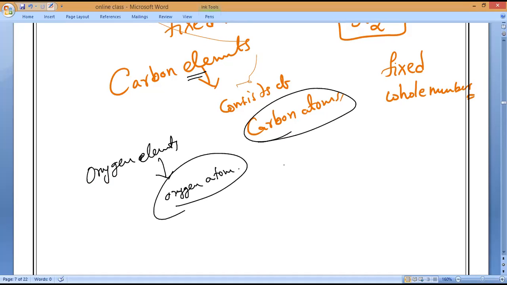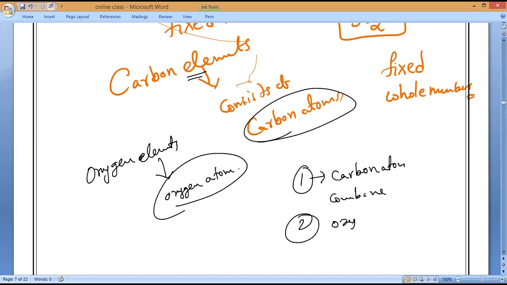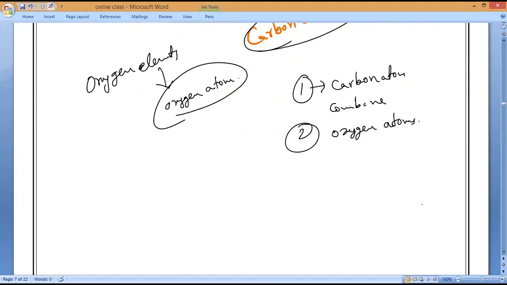Now, one carbon atom combines with two oxygen atoms. So we are going to get the product. What is that, anyone?